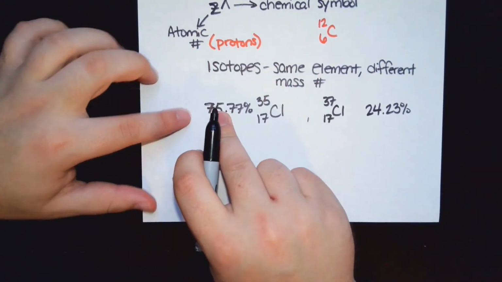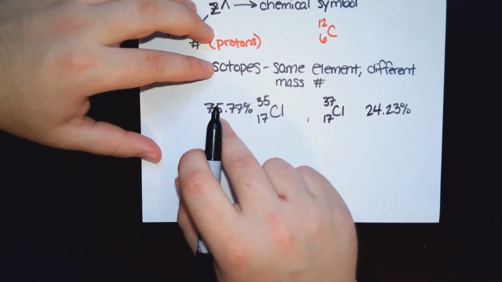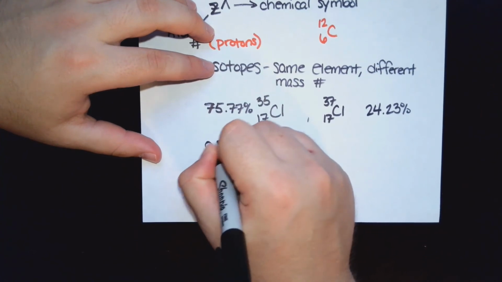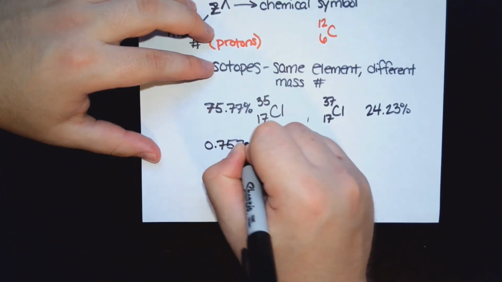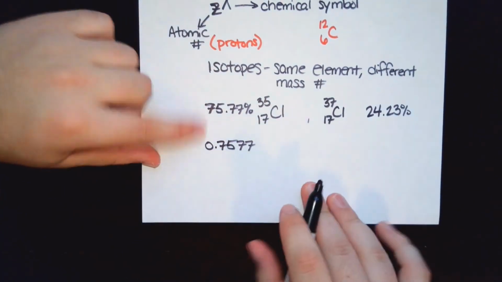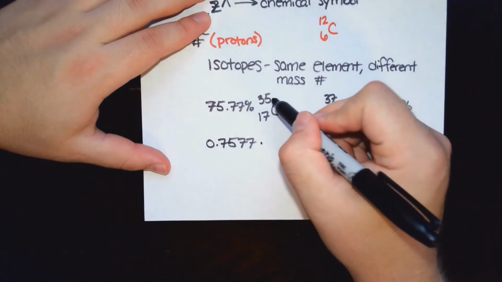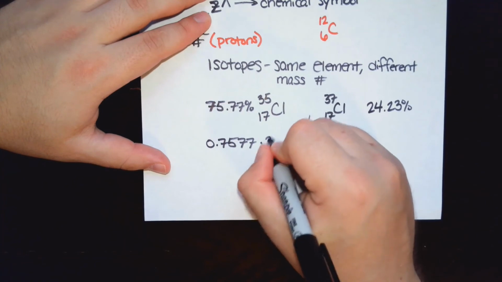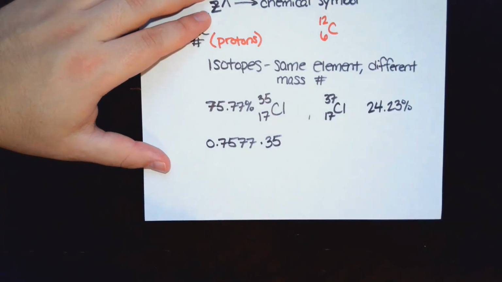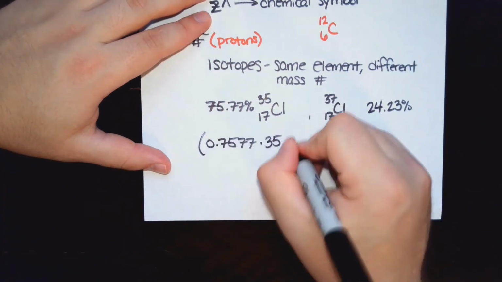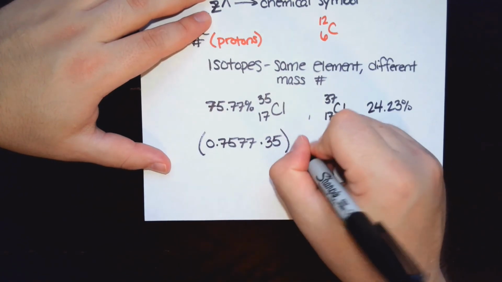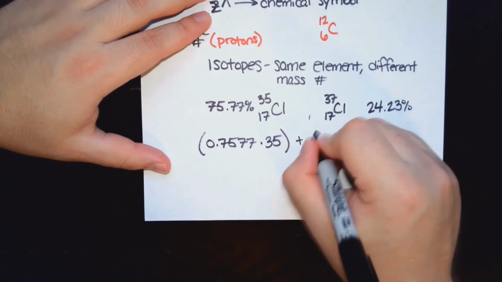So 75.77 written as a decimal is 0.7577. Right? It's the same number, just in decimal form. So you multiply that by the mass number of its respective isotope. Right? Put that in parentheses. And we just do the same thing for this one.